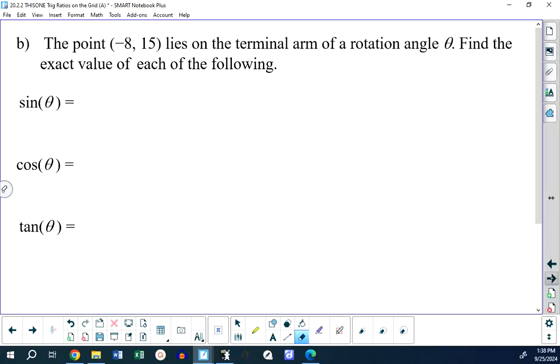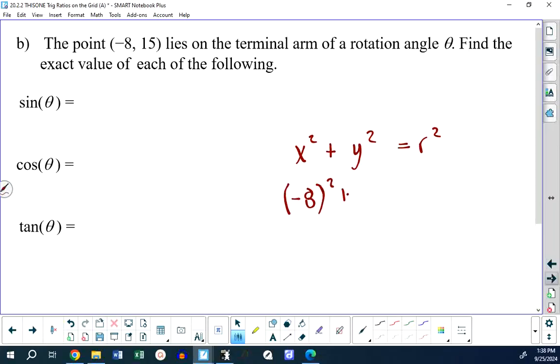Which means we go x squared plus y squared equals r squared. Is that 289? Yes? I'm pretty sure the square root of 289 is 17. Thank you. So r is 17.